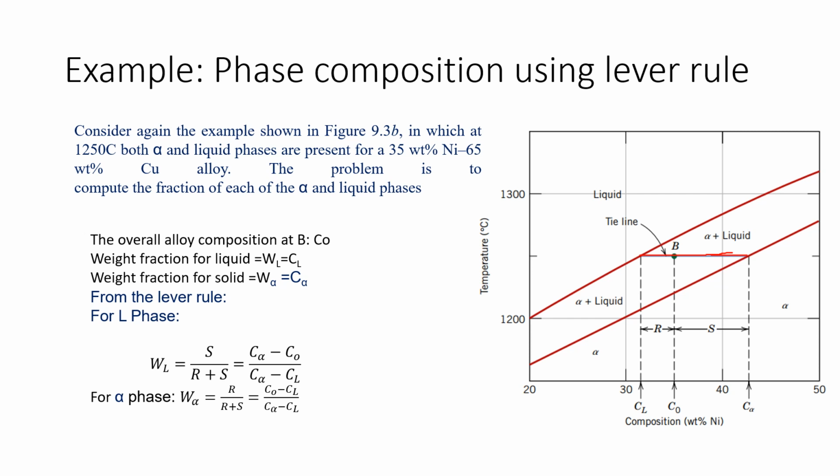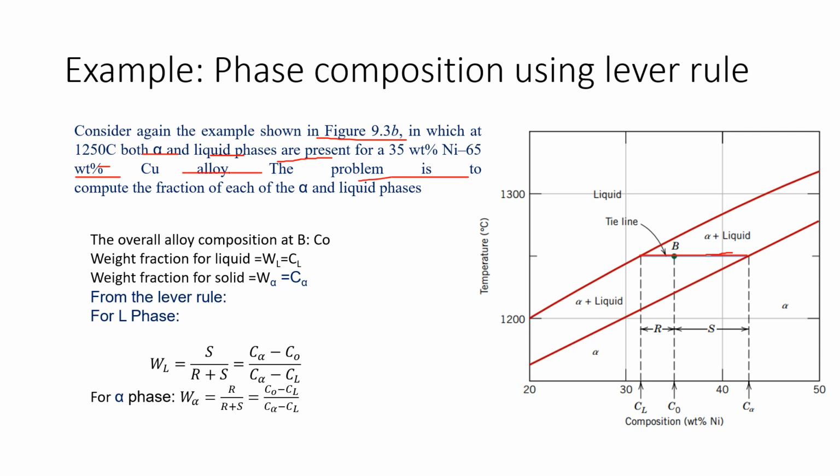Consider again the example shown in this figure, in which at a temperature of 1250 degrees centigrade, both alpha and liquid phases are present for a 35% weight of nickel and 65% weight of copper alloy.